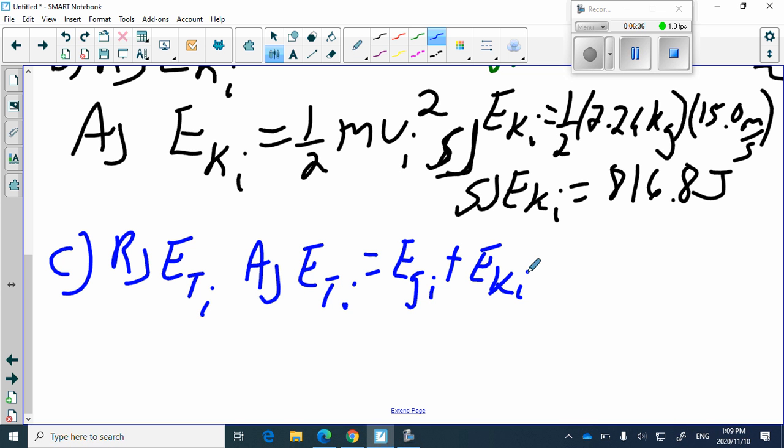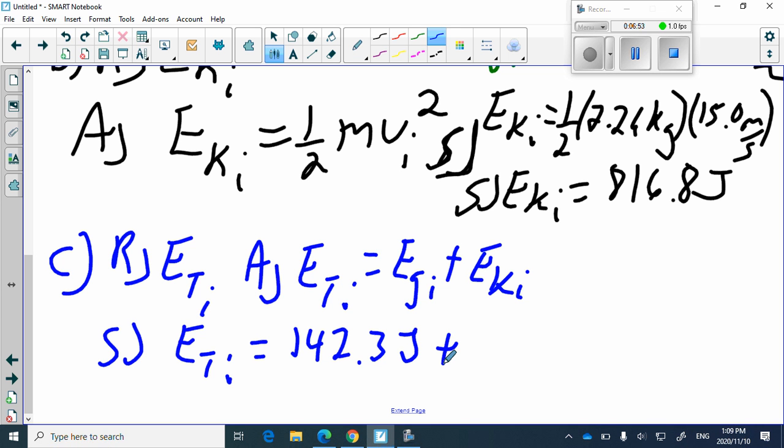So now we're going to substitute. And the gravitational potential energy was 142.3. All scalars here, 142.3 joules, plus the kinetic energy, 816.8 joules. Finally, the solution. Total energy initial, I have to add these up.